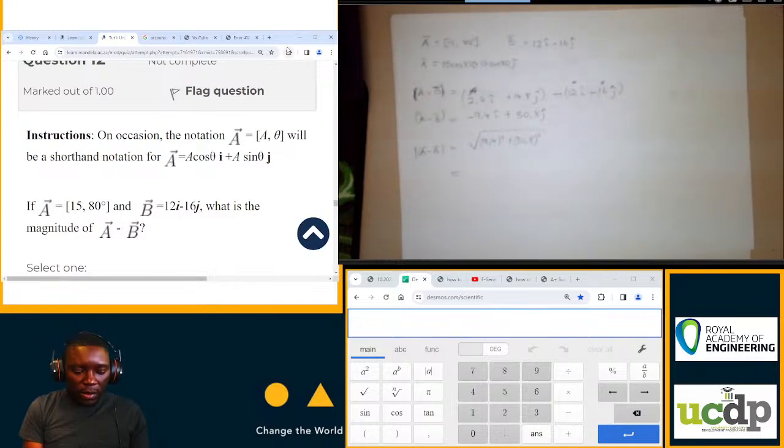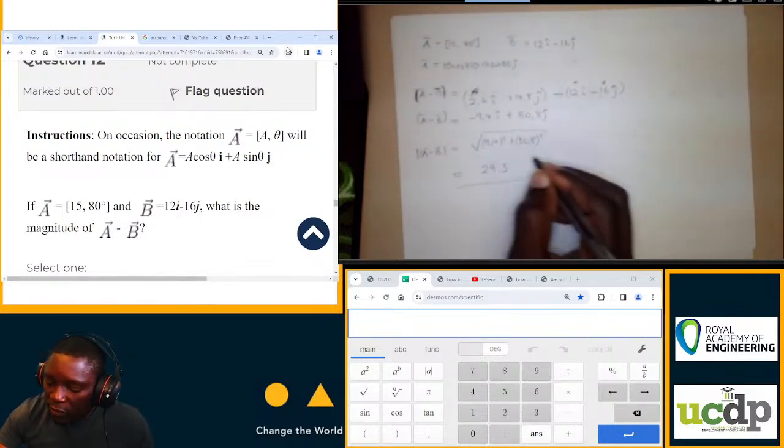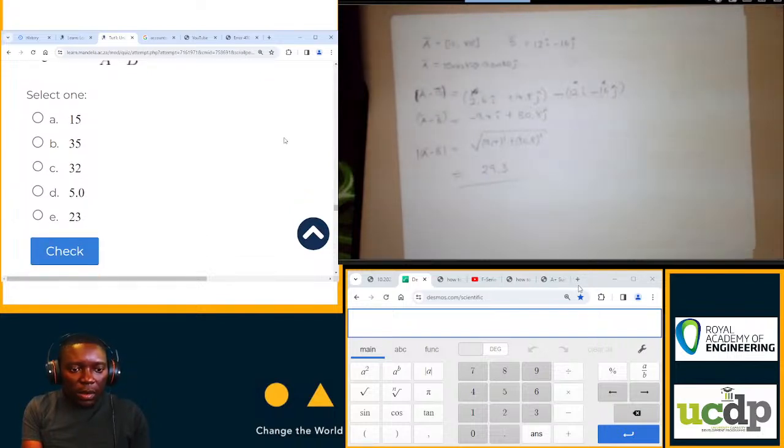Negative 9.4 all squared plus 30.8 all squared. I'm getting 29.3 for this magnitude. Did I calculate it right?